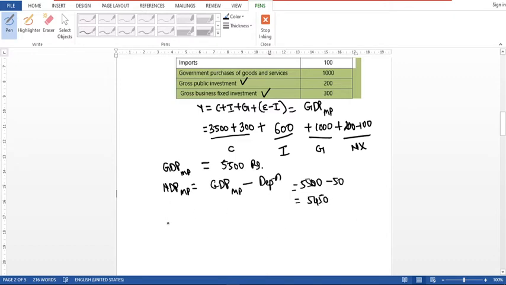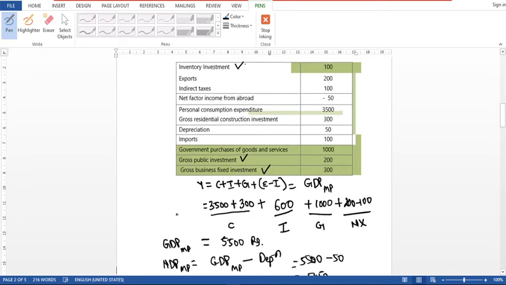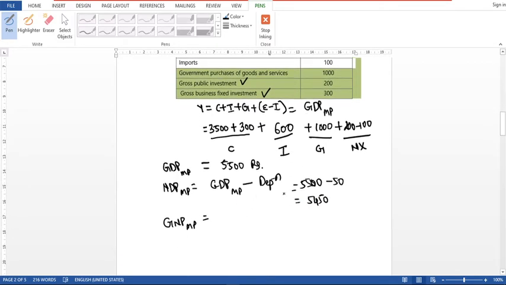Now if someone asks me GNP at market price, now what is GNP? It is goods and services manufactured by Indian citizens, whether in India or outside. So if an Indian citizen has manufactured outside India, it should be added, and if a foreign citizen has manufactured in India, it should be excluded. But here the net answer is given. Is it all right? So net factor income abroad is minus 50. Is it all right?